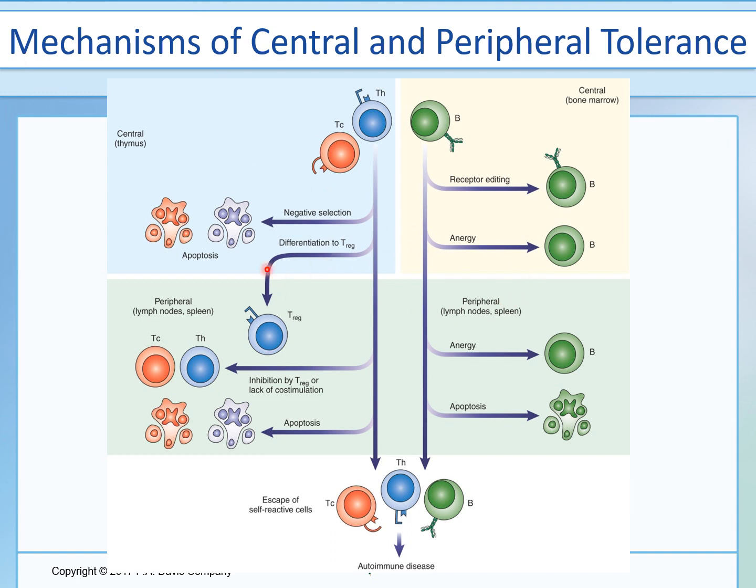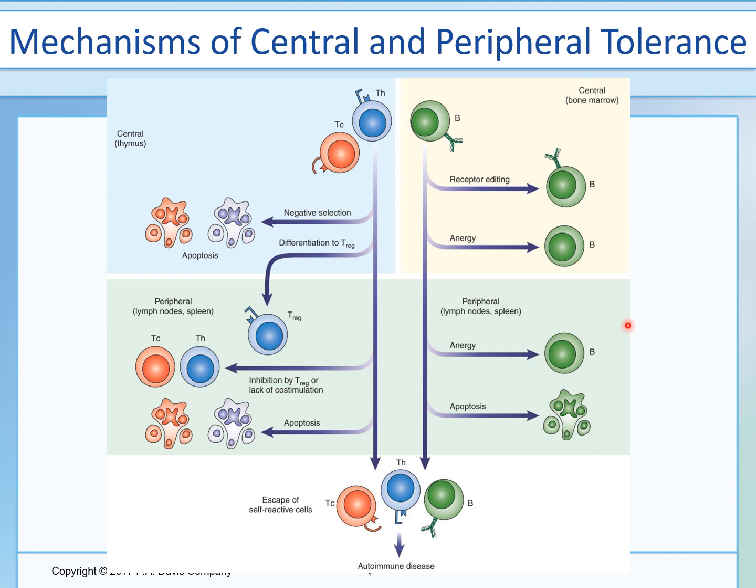The self-reactive T and B cells that have escaped to the secondary lymphoid organs, like the lymph nodes and spleen, may be then removed by peripheral tolerance. So this is depicted on the lower left and right sides of the image. Peripheral tolerance of T cells can result from inhibition by T regulators, lack of co-stimulatory signal from an antigen-presenting cell, binding of inhibitory receptors, or death by apoptosis.